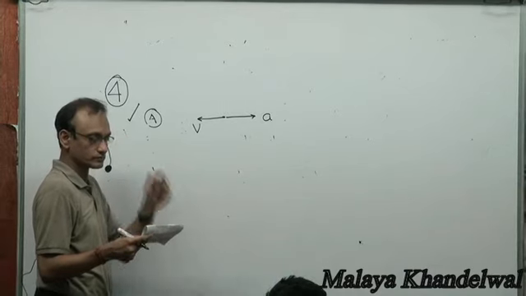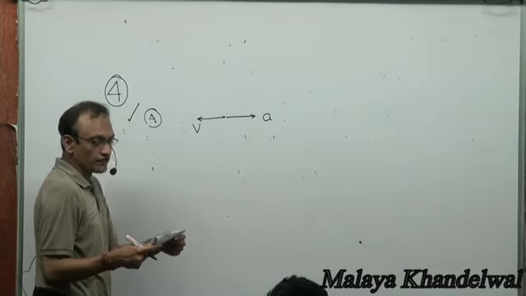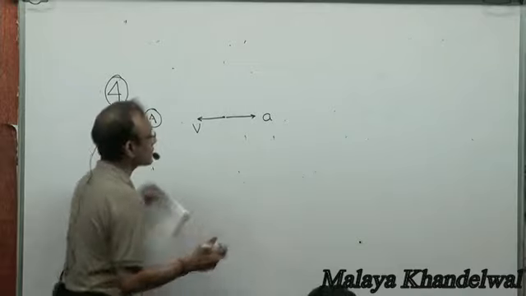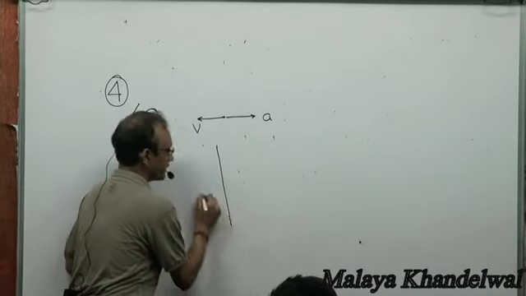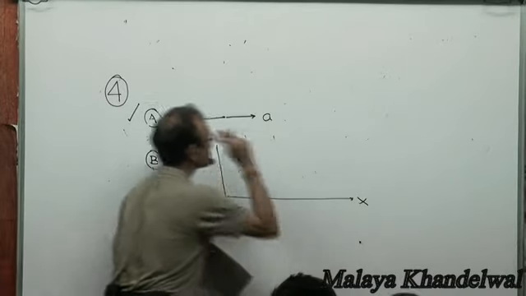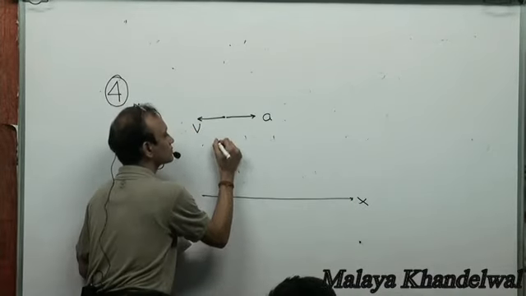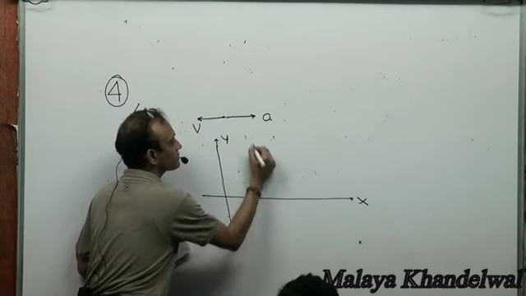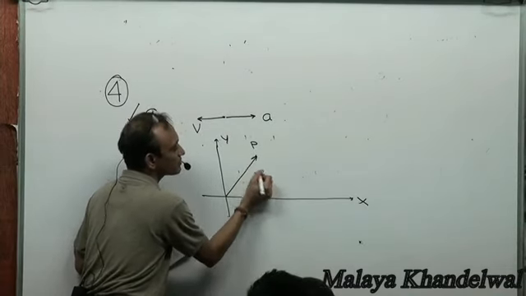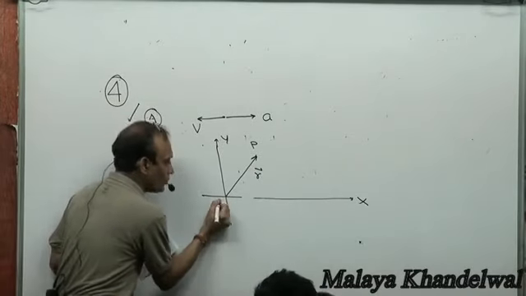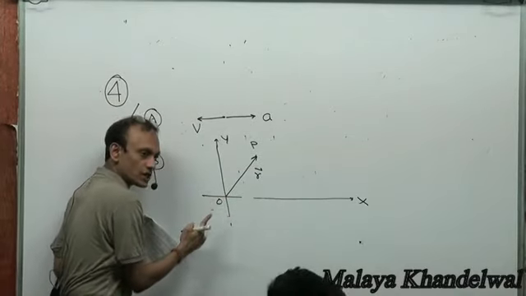Option B: if the position and velocity have opposite signs, say in the xy plane, there is a particle here. This is its position vector r. From O to P is its position vector r, right?